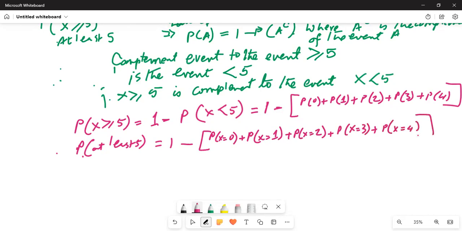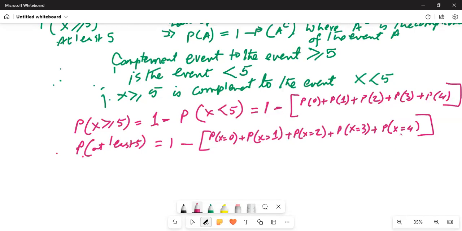And we stop at 4 because we are including 5 in at least 5. So the complement to x greater or equal to 5 is x less than 5, which is 0, 1, 2, 3, and 4.